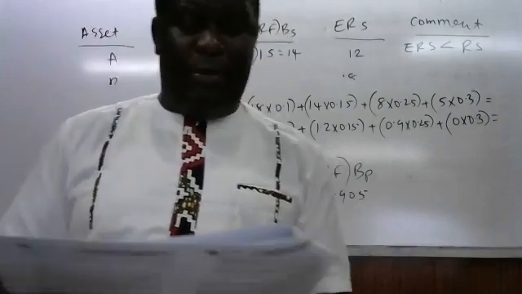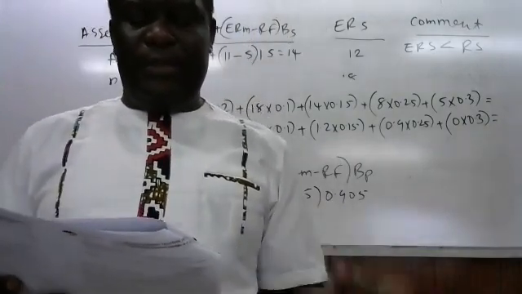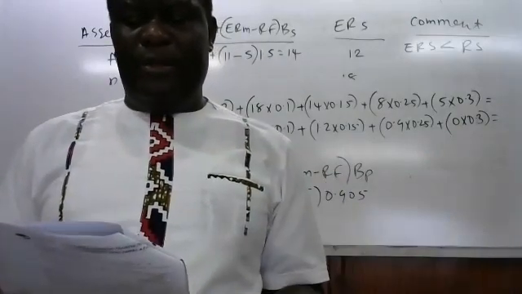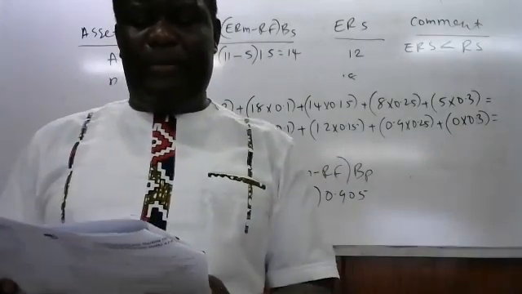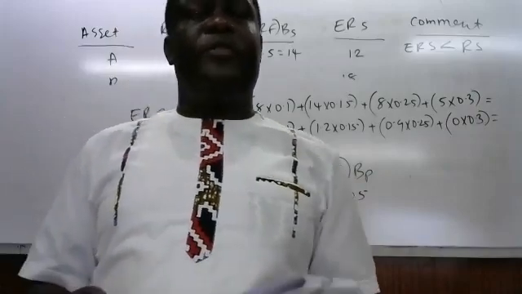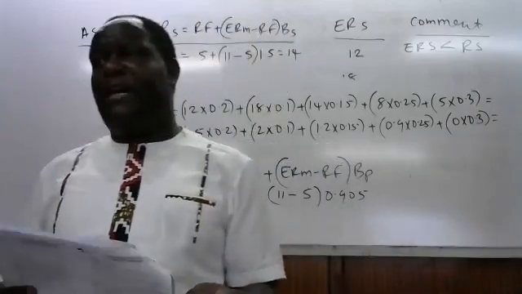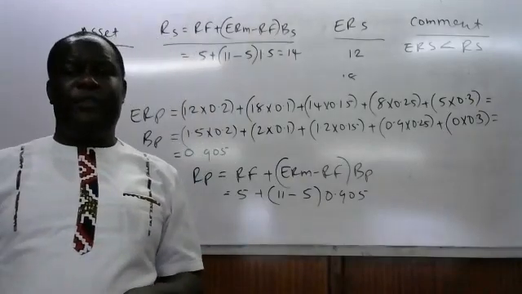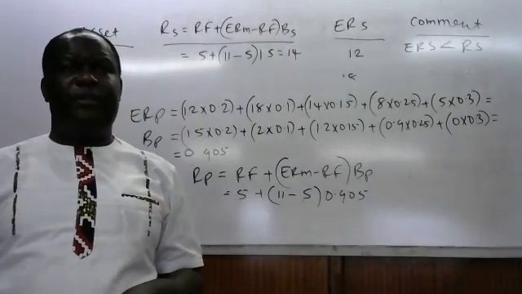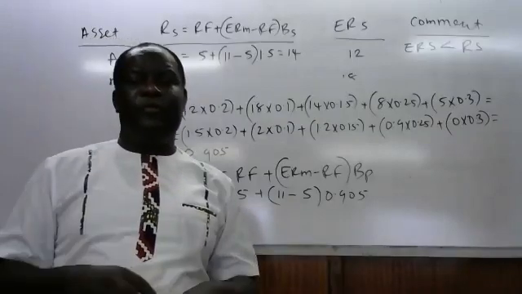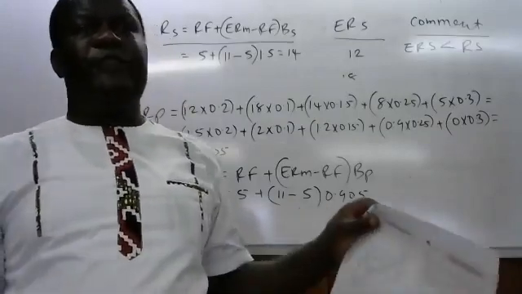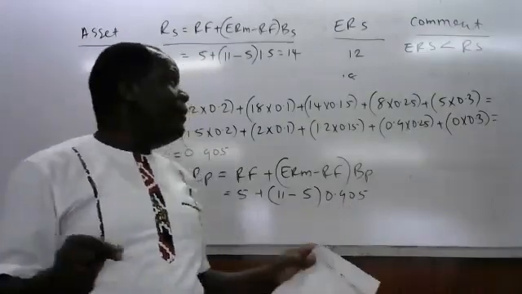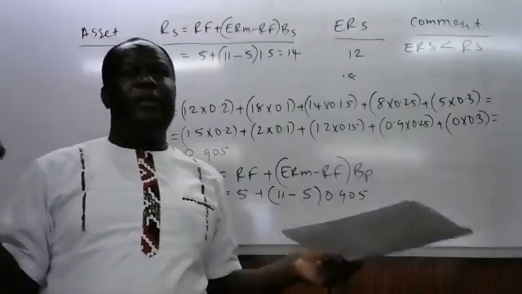Under CAPM, they were asking that using CAPM, advise the management whether this company should change the composition of their portfolio or assets. So if it is super efficient or inefficient, we shall advise them to change so that we get an efficient portfolio. We should have an efficient portfolio whereby the difference should be equal to 0.